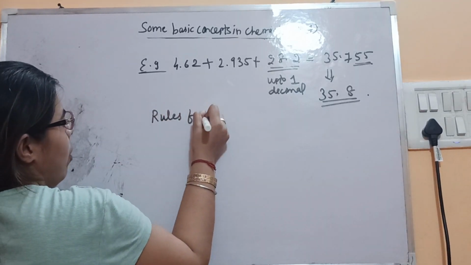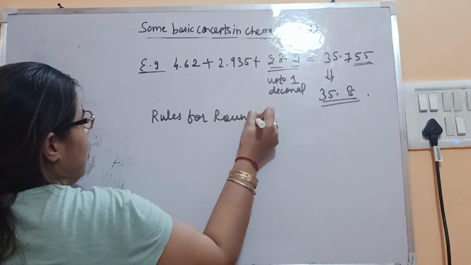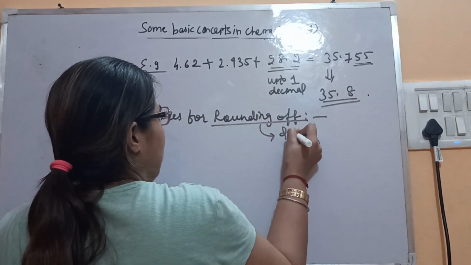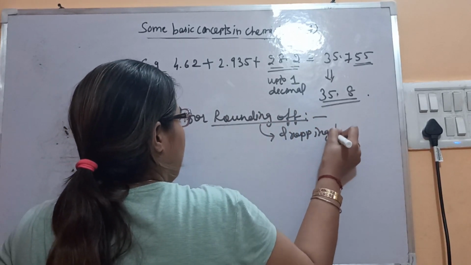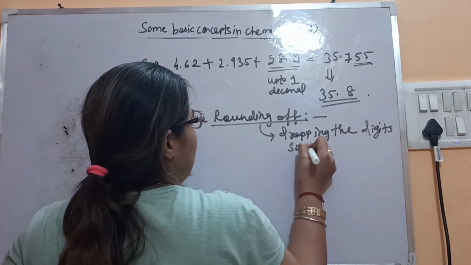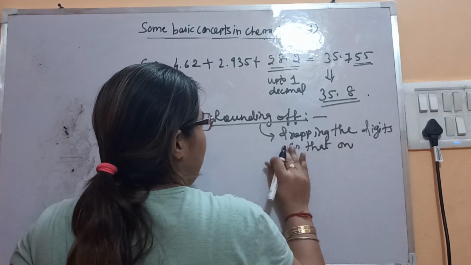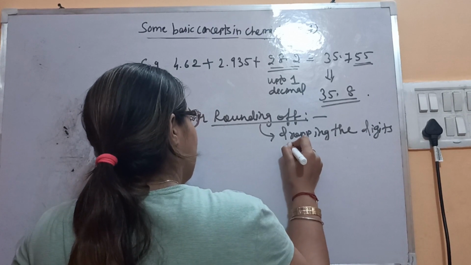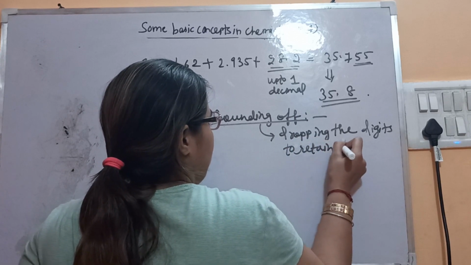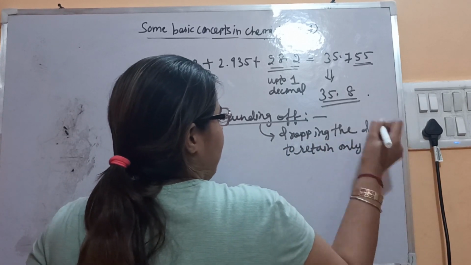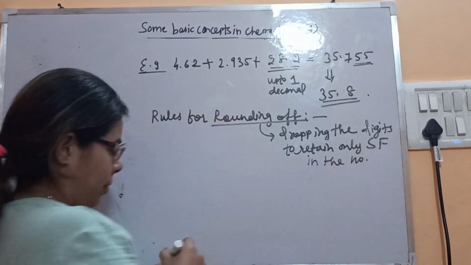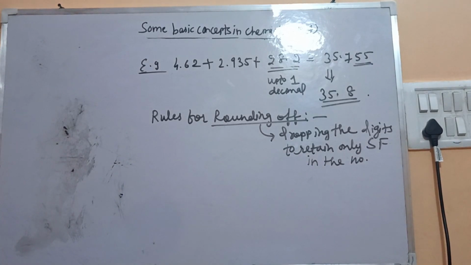Now let's see the rules for rounding of the digits. Rounding off means dropping the digits to retain only significant figures in the number. Let's see the different rules.